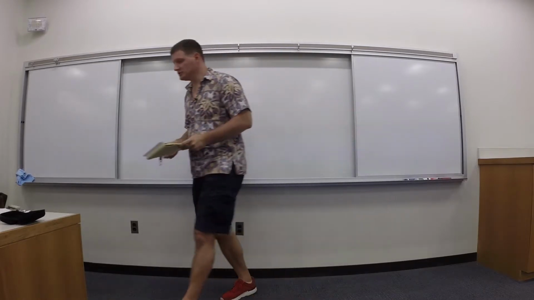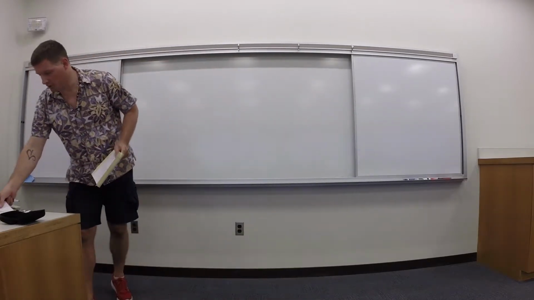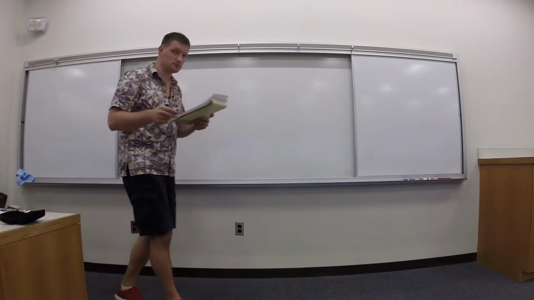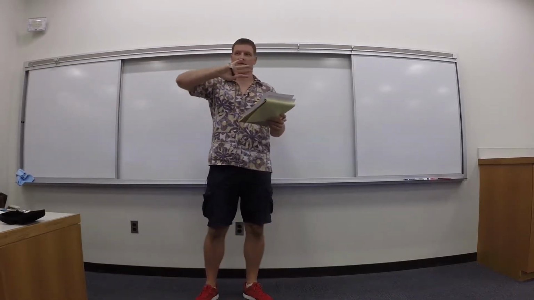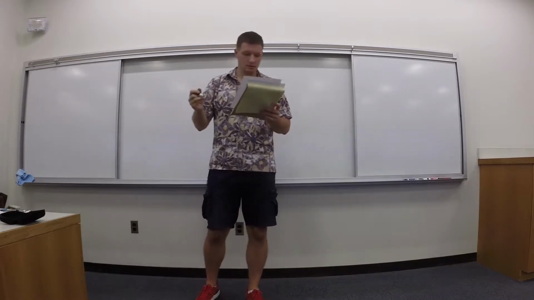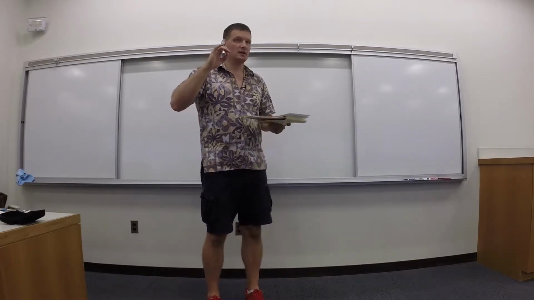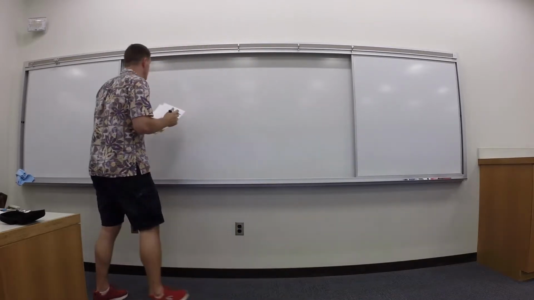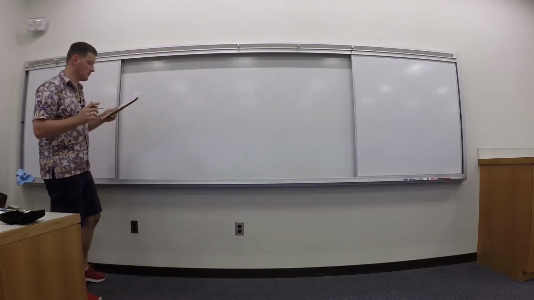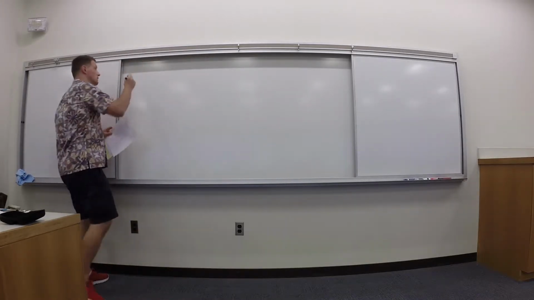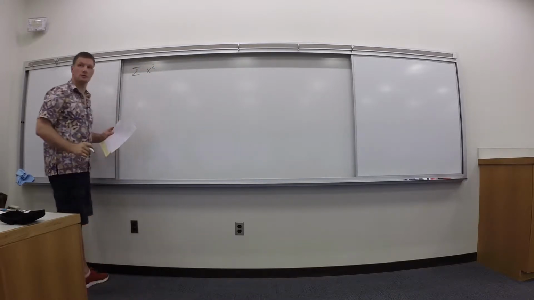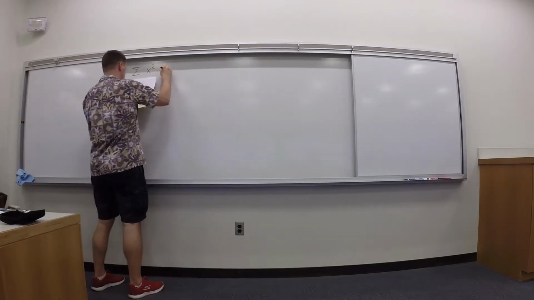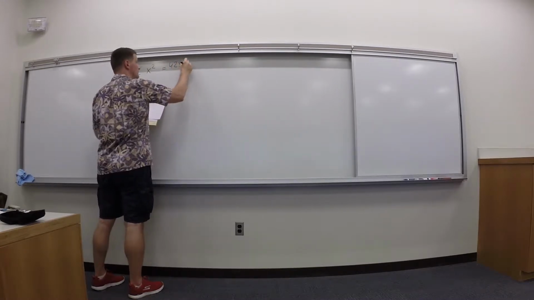All right, question 5. Question 5 says the following thing: the sum of squares of sample values is equal to 42310.